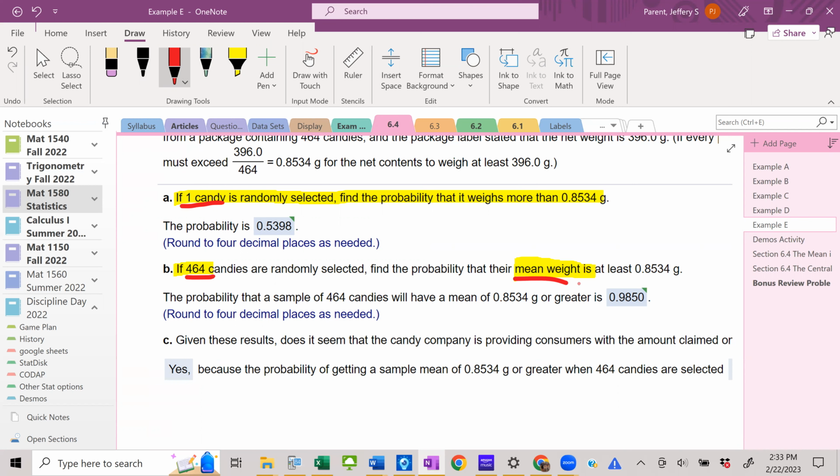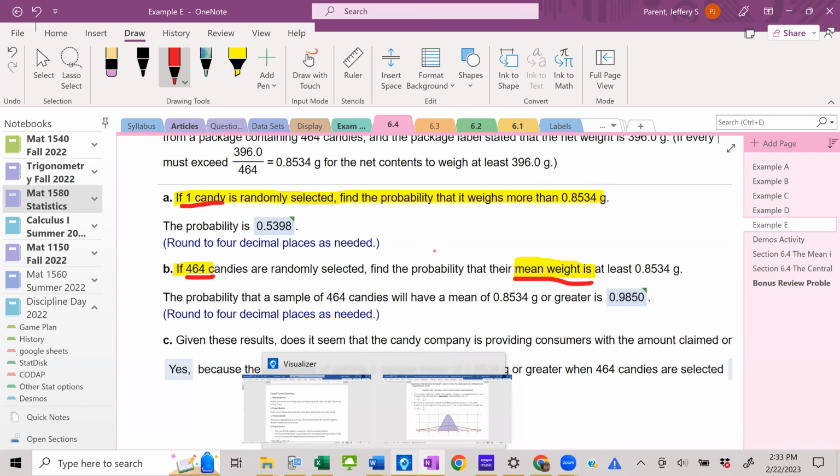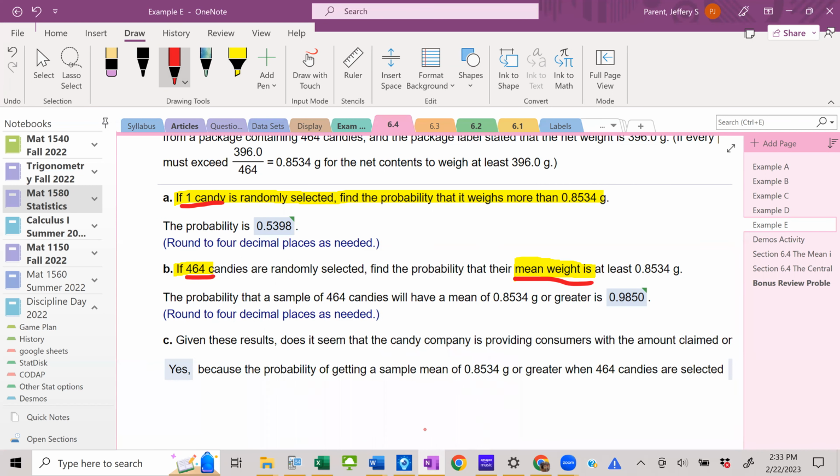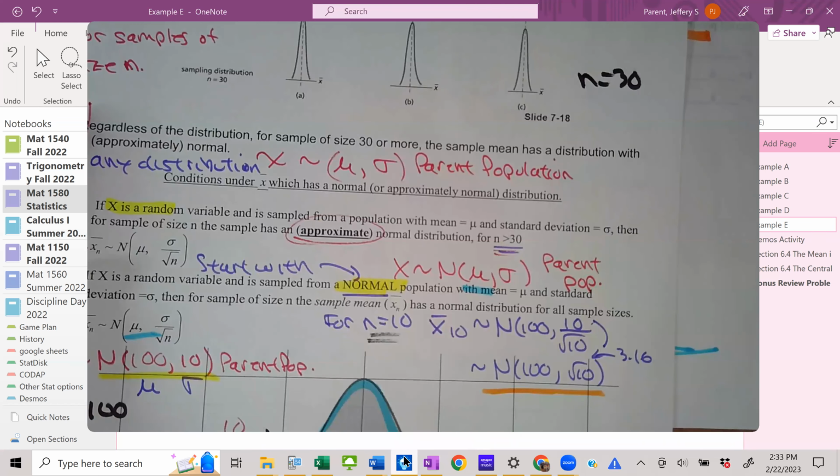So when you start talking about the mean, that's when you're going to use the central limit theorem, that little bit we talked about at the beginning, where your distribution can be anything. When we start talking about the distribution of the sample mean, it's going to have its own probability distribution.